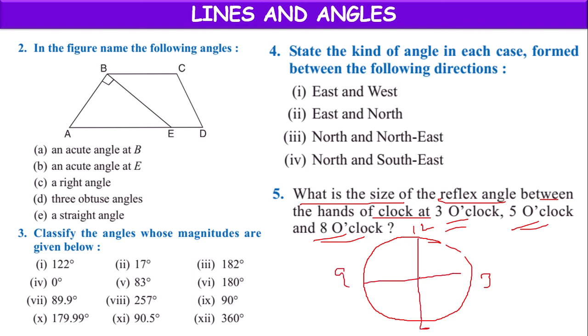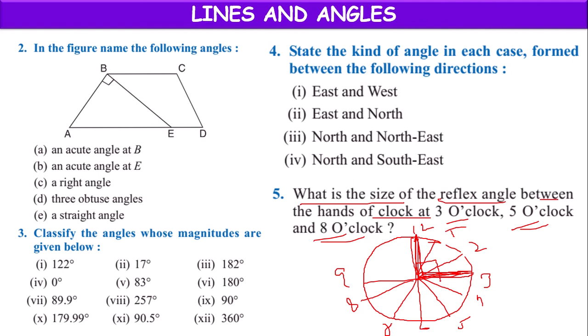Next we will have 1, 2, 4, 5, 7, 8. They are asking at 3 o'clock. At 3 o'clock, the minute hand will be at 12 and the hour hand will be at 3. At 3 o'clock, the angle will be 90 degrees.